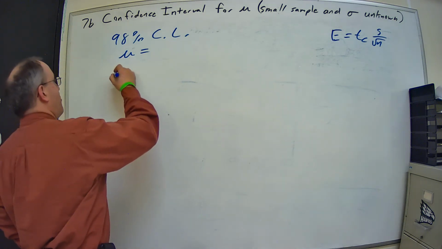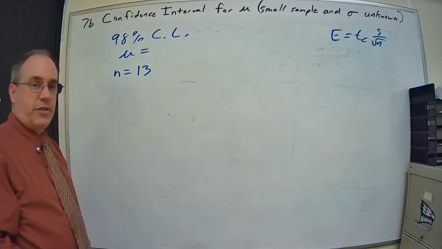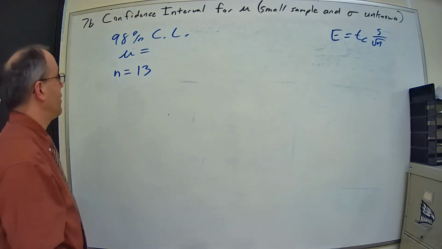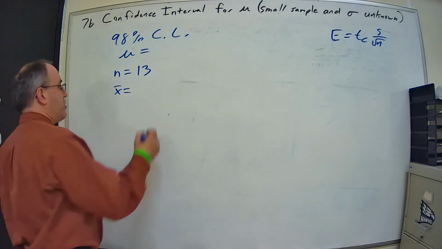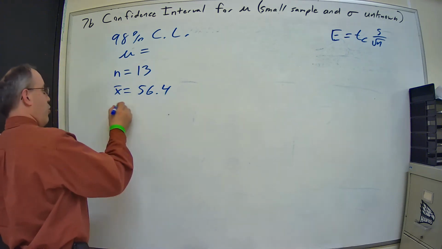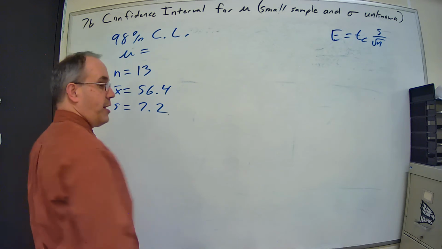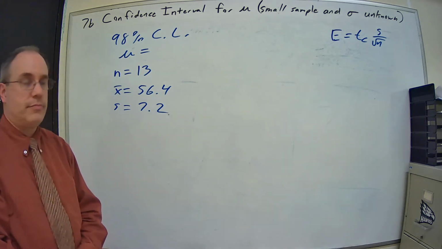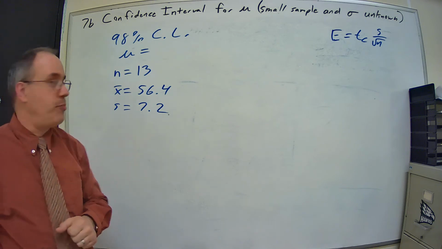We take a sample of 13 students and find the average amount of time to be 56.4 minutes with a standard deviation of 7.2 minutes. And we want to find the 98% confidence interval for the population mean.